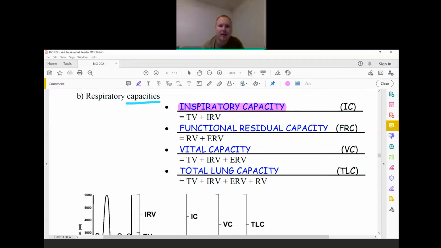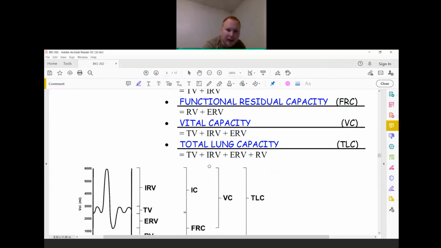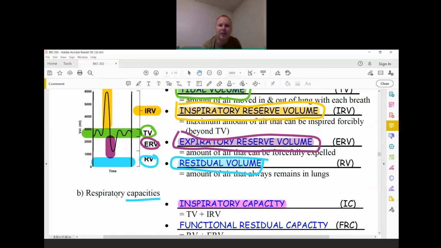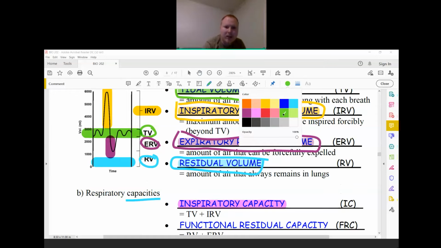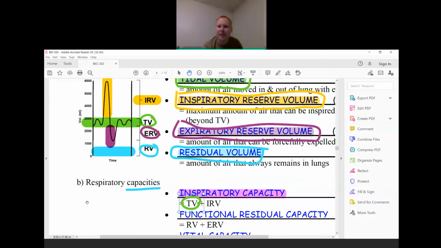That's calculated by adding together our tidal volume and inspiratory reserve volume. Just by adding those two together, we get our inspiratory capacity.